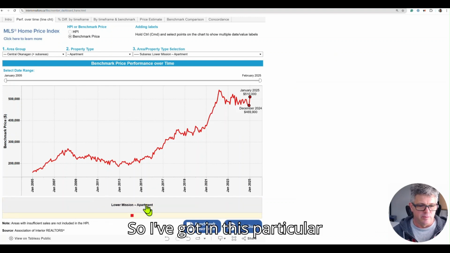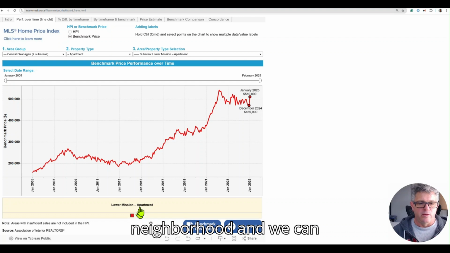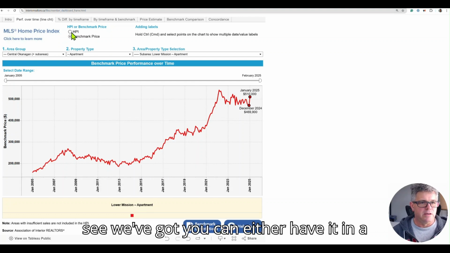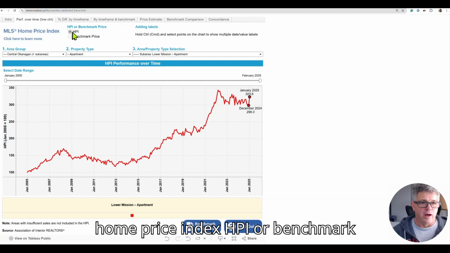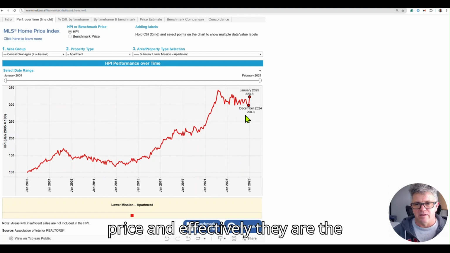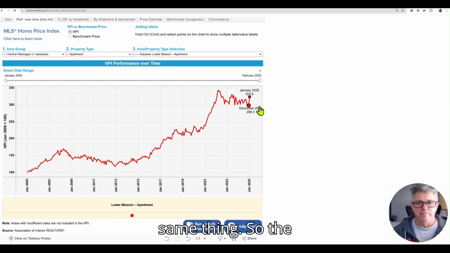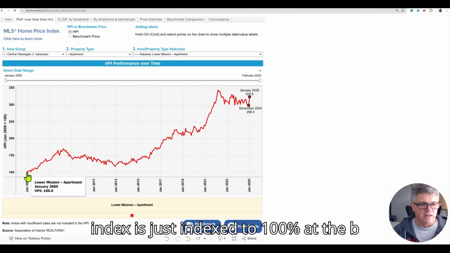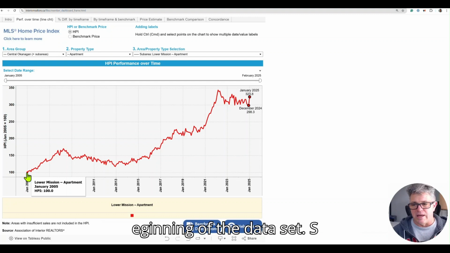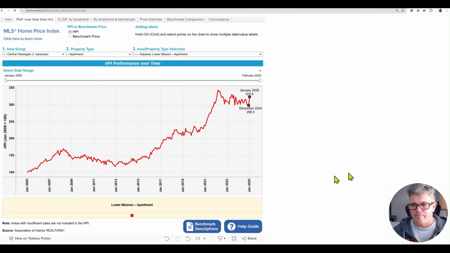So I've got this particular neighborhood, and we can see you can either have it in home price index (HPI) or benchmark price, and effectively they are the same thing. The index is just indexed to 100% at the beginning of the data set.